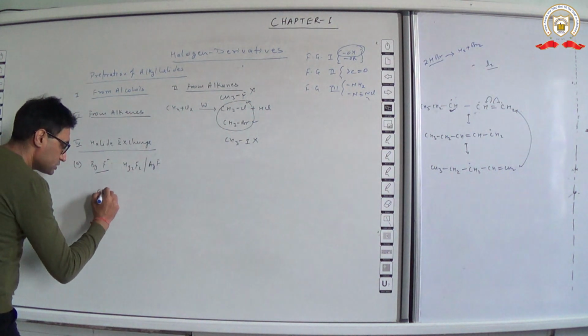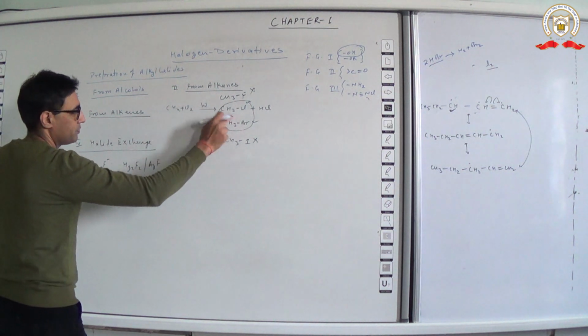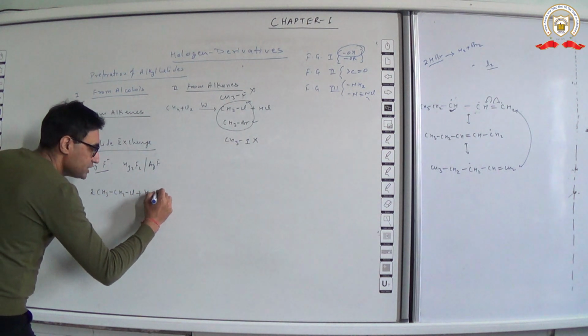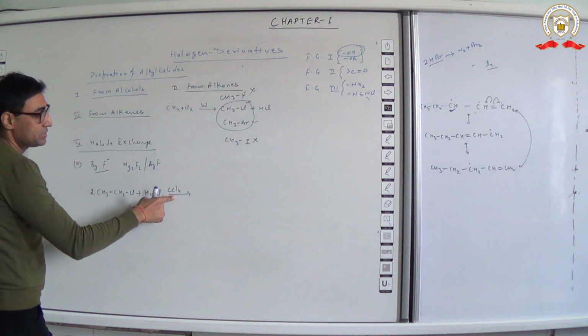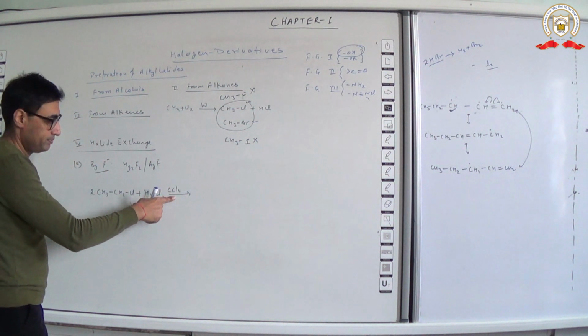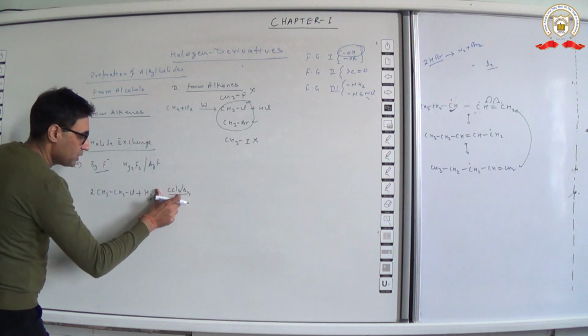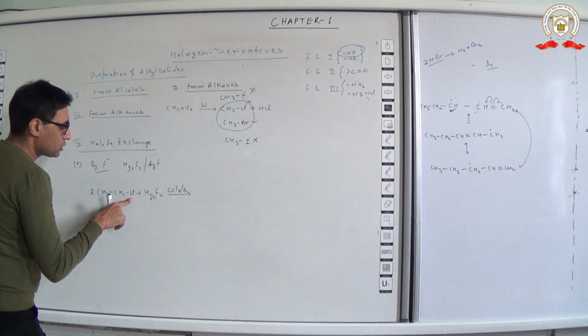Now suppose I got CH3CH2Cl by this method. I will take 2 moles of that and I will react it with Ag2F2 in the presence of CCl4. CCl4 is a solvent and I heat it. So these fluorine atoms will substitute chlorine.